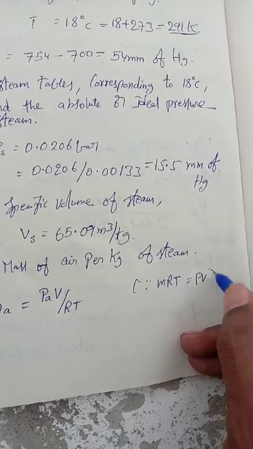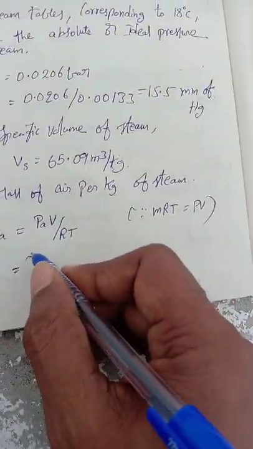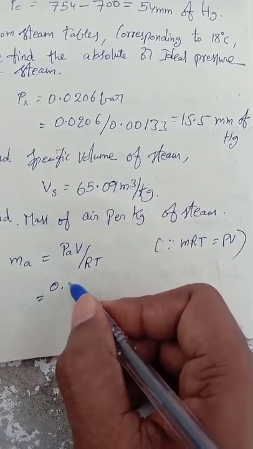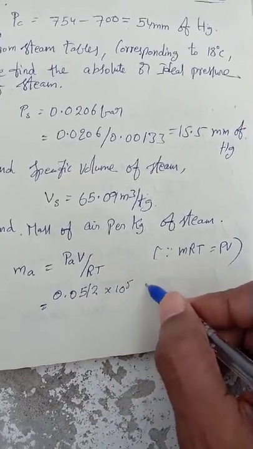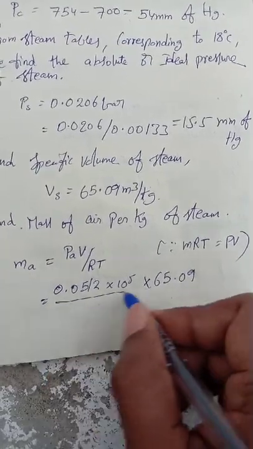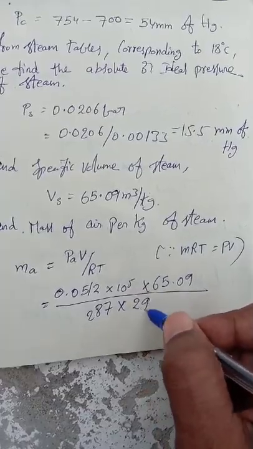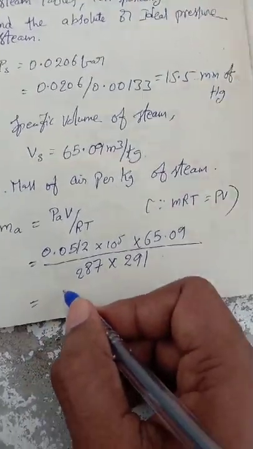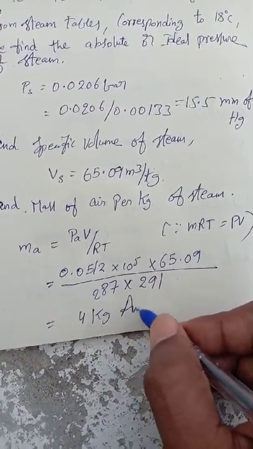Here the pressure PA value is 0.512 into 10 to the power of 5, into 65.09, divided by 287 into 291. Calculating this, we get the answer of 4 kg.